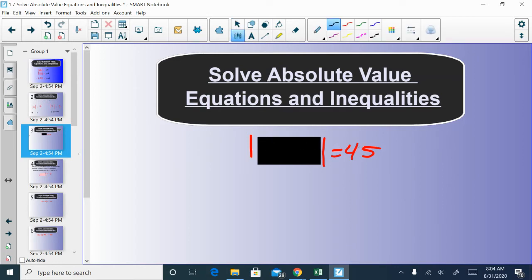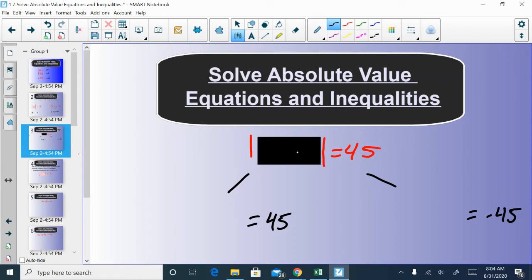So what you're going to end up doing for all of these absolute value questions is break them up into two different problems. One of them is going to equal 45, and one of them is going to equal negative 45. I'm going to explain once again why you do this. What you're saying is, anything in this black box, if I can make that equal to 45, this will be a true statement, because then I would take the absolute value of 45 and it would be 45.